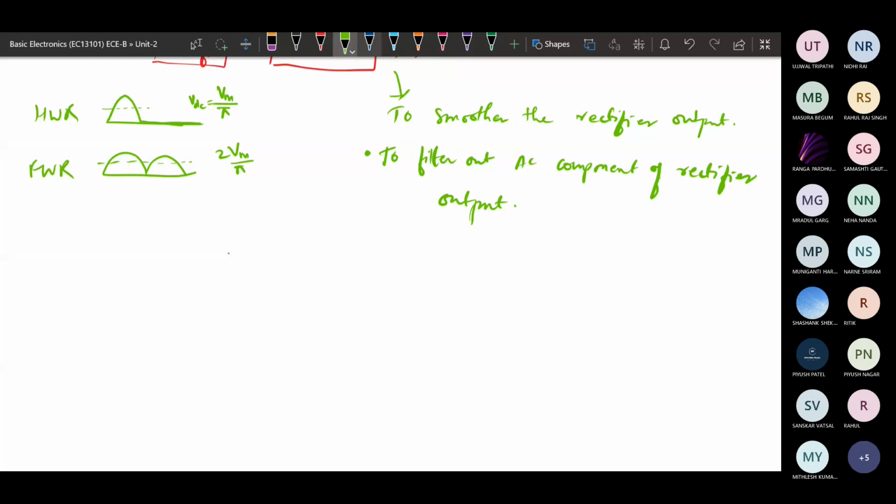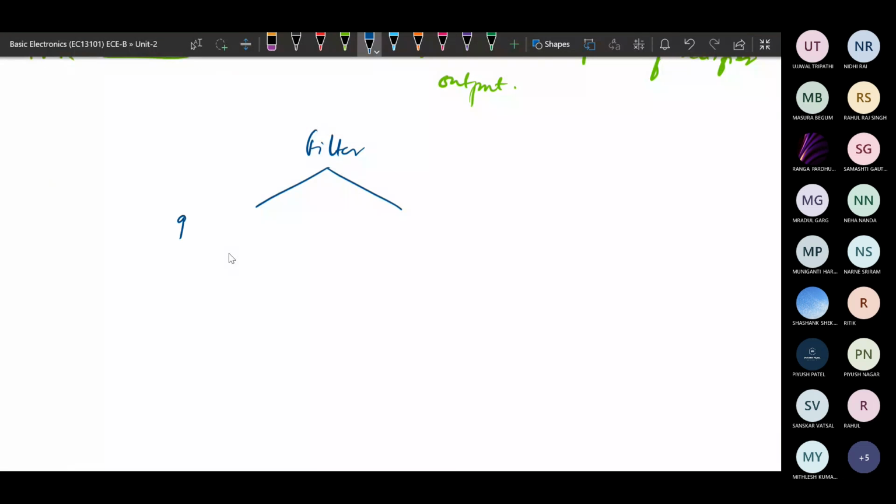These filter circuits are basically implemented by using two different methods. One is by using an inductor.